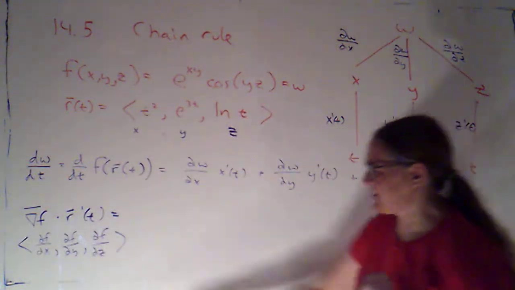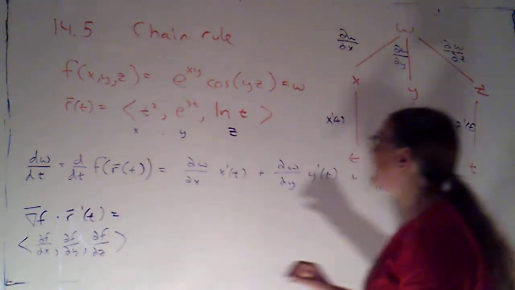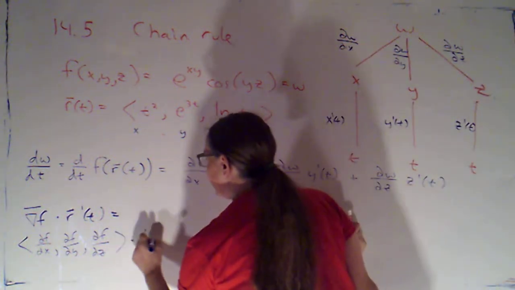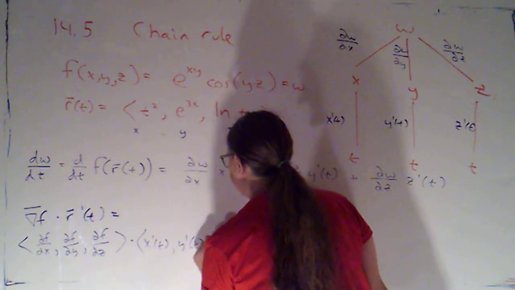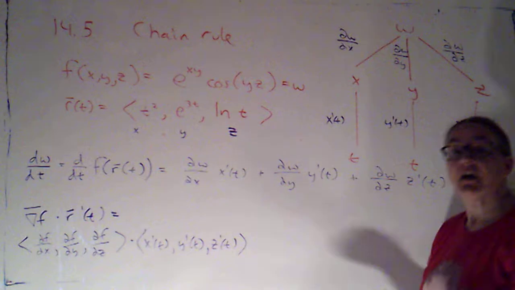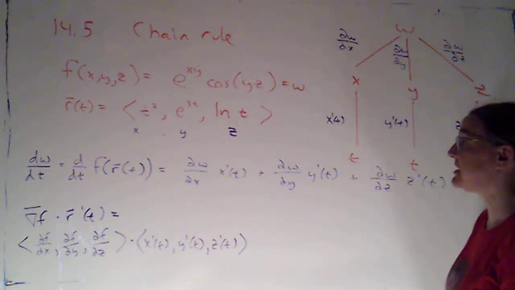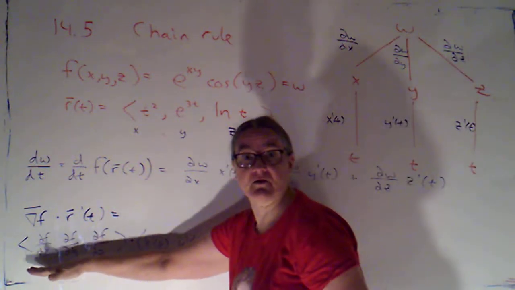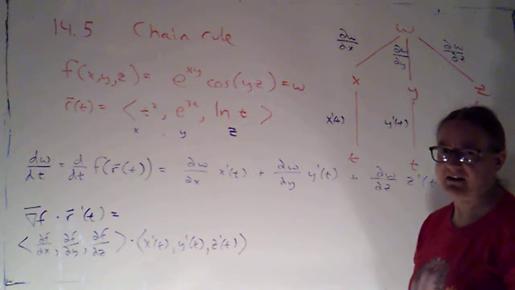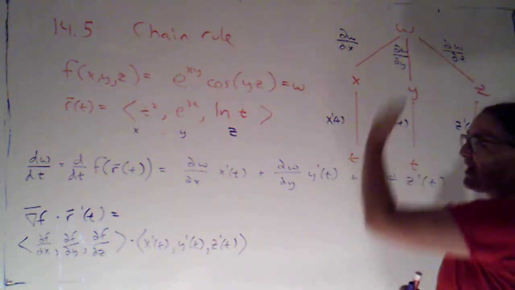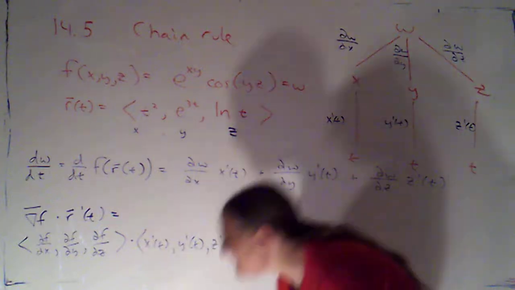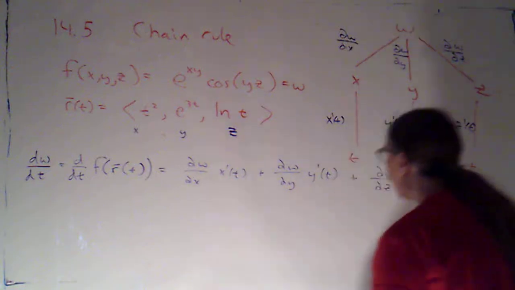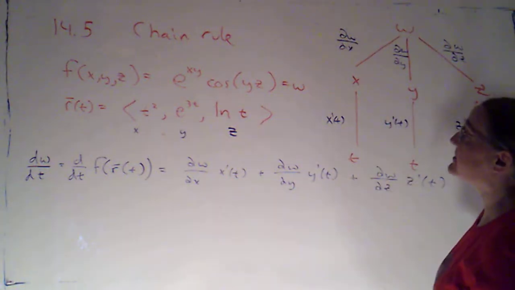There I'm using f's just because I had written f here, but f gives out my w values. So that's these 3 functions right here, dotted with x prime of t, y prime of t, z prime of t. So if you want to show me that you're getting the result using chain rule for functions of more than one variable, either draw the diagram or write out that you're using the dot product. Either is correct. I just don't want you actually writing out what the composition is and skipping all of the multivariable stuff.